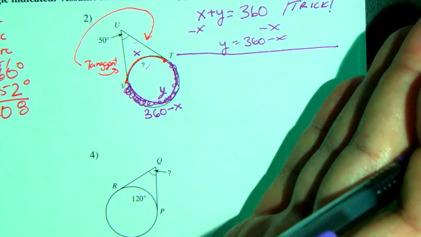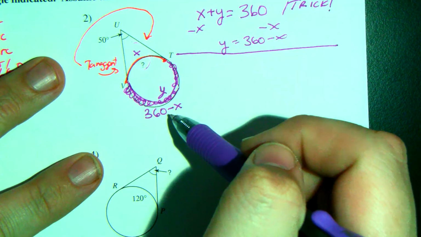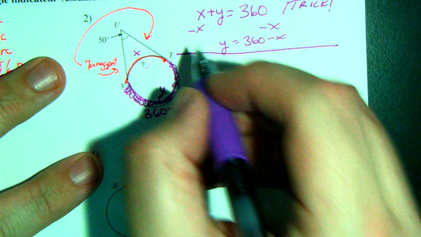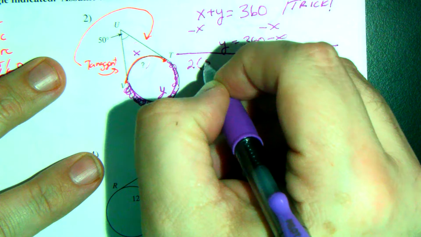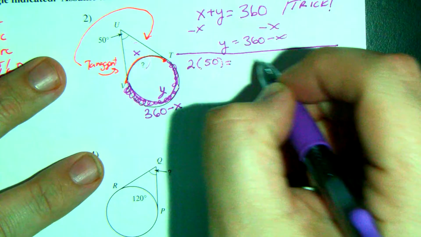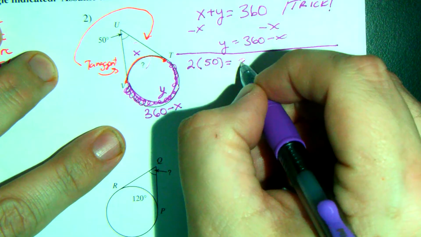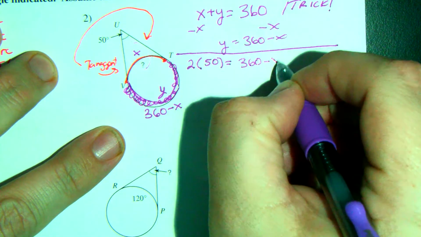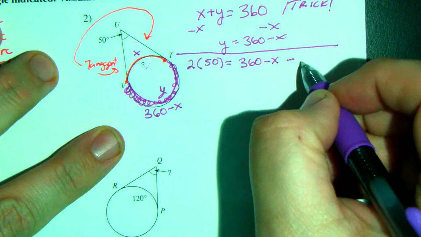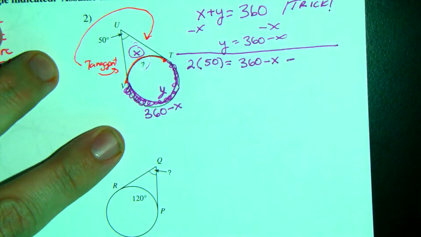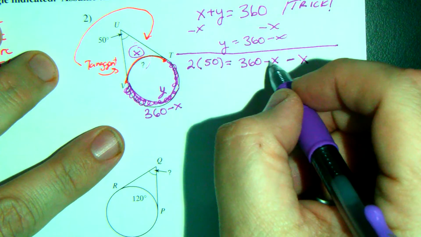Now we can set it up. 2 times the angle, 2 times 50 degrees is going to be equal to the biggest arc, 360 minus x, minus the smallest arc, which is x. So what's a negative x minus x? Negative 2x. What's 2 times 50? So I got 100 there.